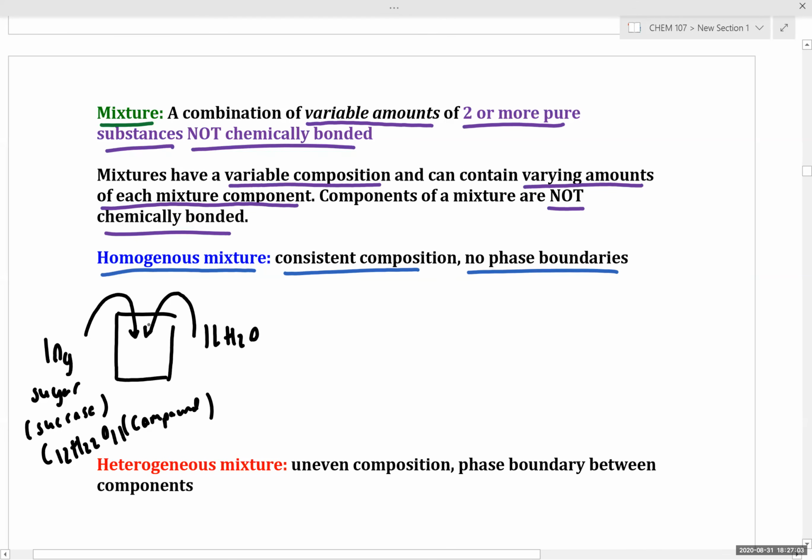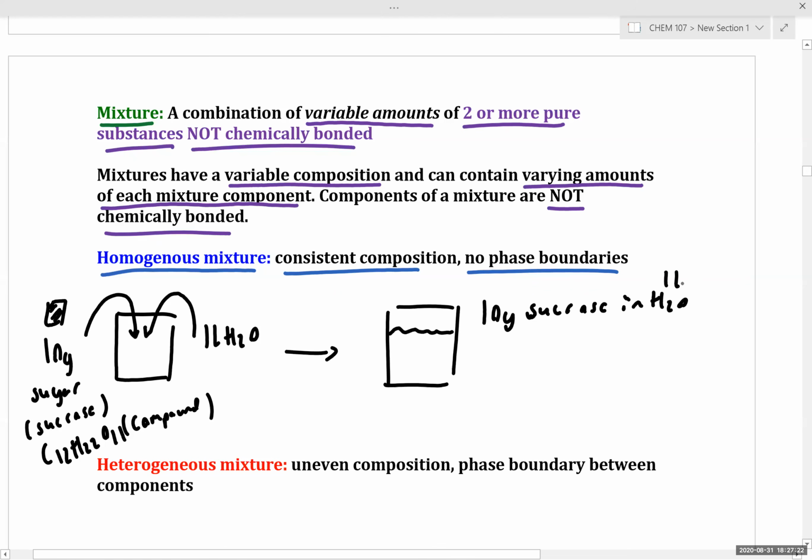And we're going to mix it with water, okay? And as we mix our sugar with water, if we let it settle, what we will see is a nice clear solution of 10 grams of sucrose in 1 liter of water. Now, the key features of a homogeneous solution is that if we look at our solution, it is perfectly clear. There is no visible solid.